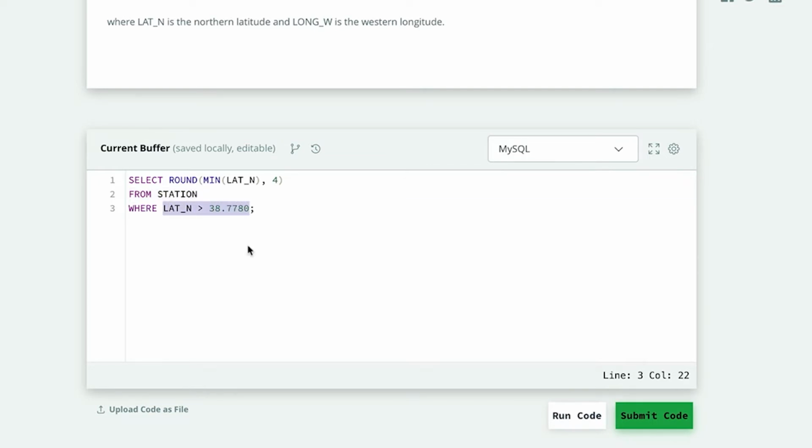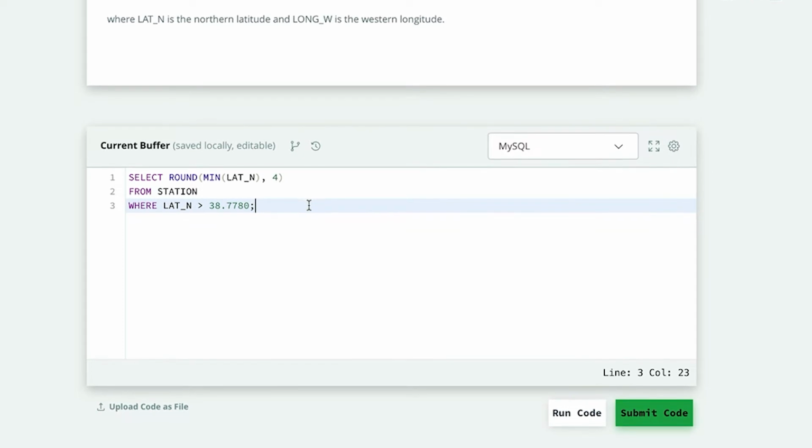Hence, we will define the filter condition by using the where clause. In the last line, we write WHERE LAT_N greater than 38.7780. So this question can be solved using the query SELECT ROUND(MIN(LAT_N), 4) FROM STATION WHERE LAT_N > 38.7780.